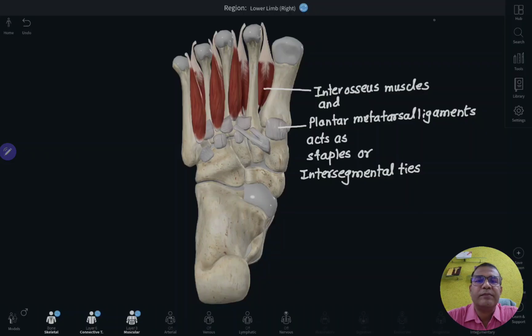The intersegmental ties for the transverse arches are interosseous muscle, the plantar metatarsal ligaments, and the ligaments which are connecting metatarsals to the tarsals. These are acting as intersegmental ties or staples.